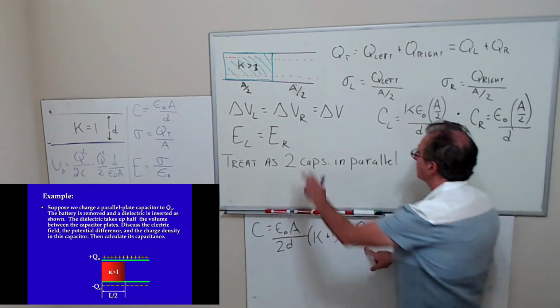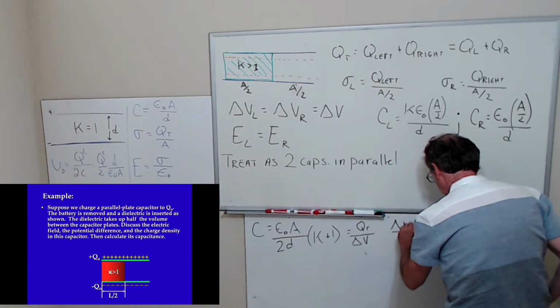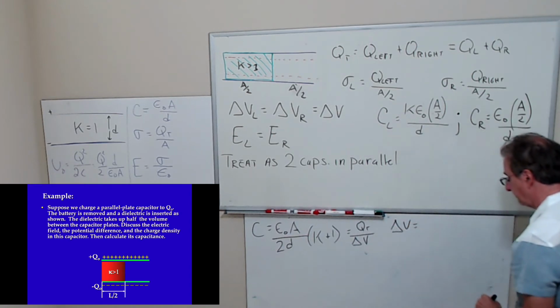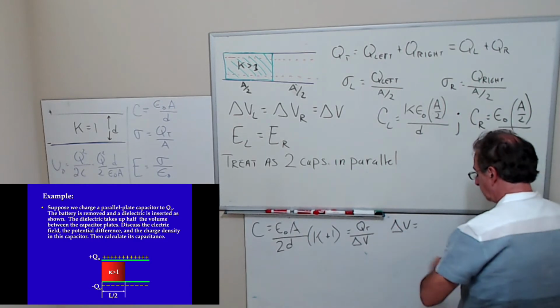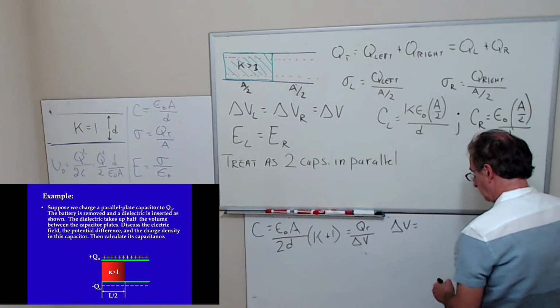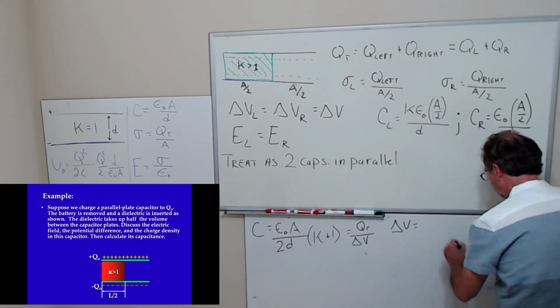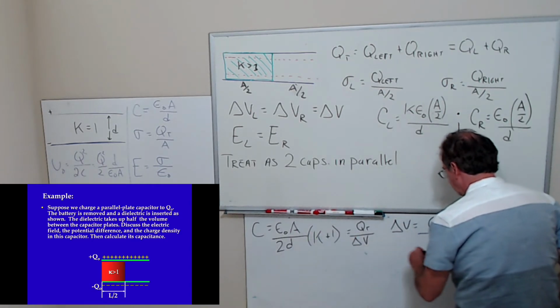That delta V has got to be equal to these delta V's. So delta V then is going to be what? Delta V is going to be Q total divided by this thing.